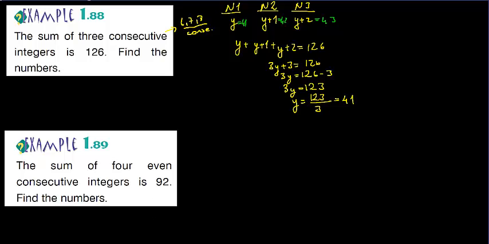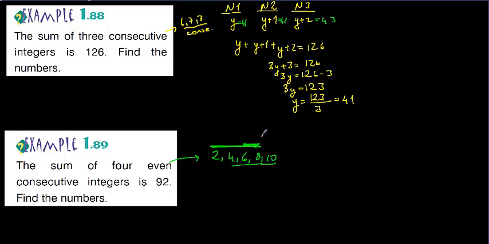Here also it says even. Even means, for the even numbers, if I write the even numbers here, like 2, 4, 6, 8, 10, it continues like this. Not 3 of them, 4 of them, sorry. 3 of them was in the previous question. So this can be 2, 4, 6, 8, or 4, 6, 8, 10.